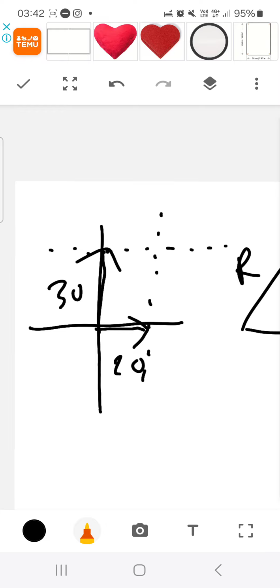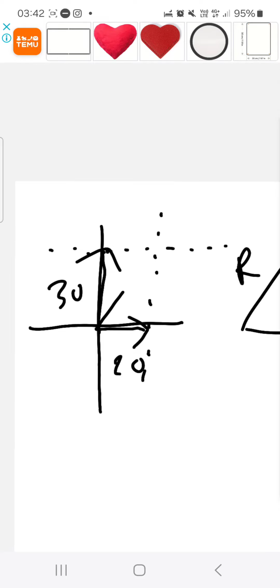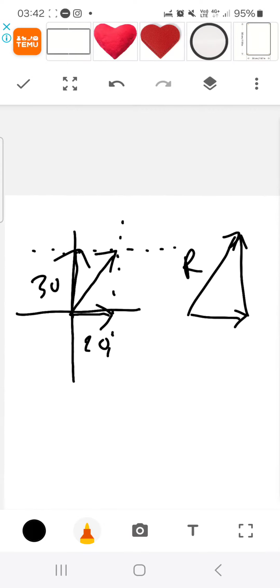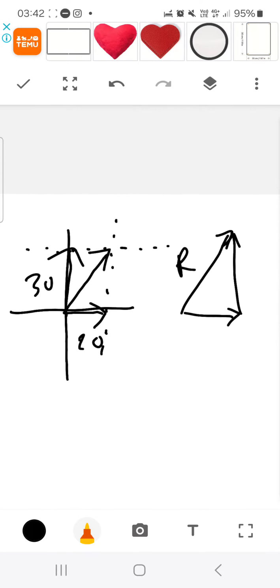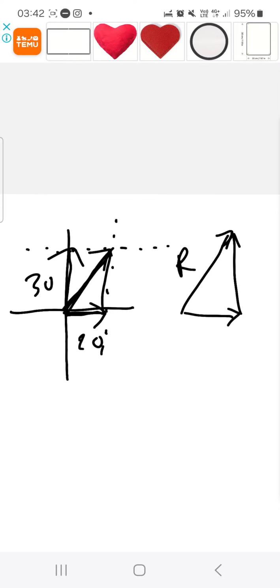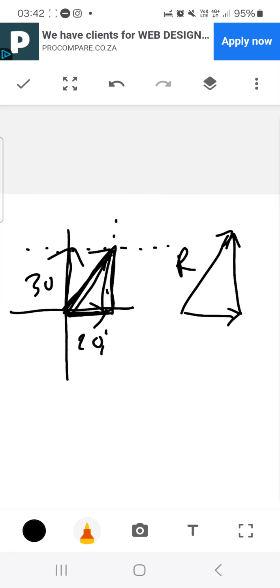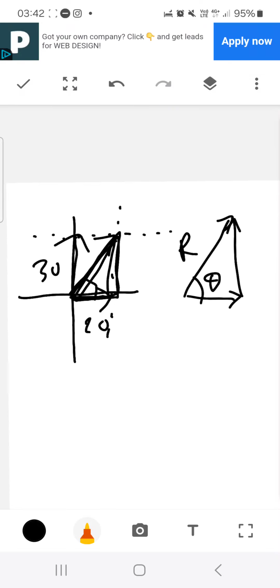Okay, so I can say that would be where this is completed. That's the same resultant, as you can see. And then you can see from my little diagram there, this over there is exactly the same triangle. And this would be exactly the same theta over there. So that's using the Cartesian plane.